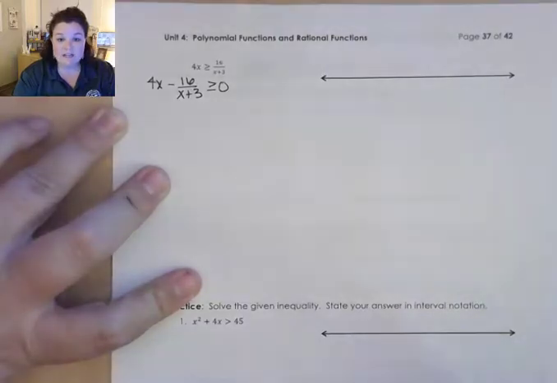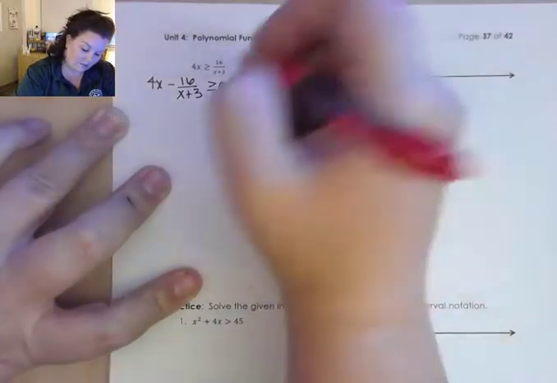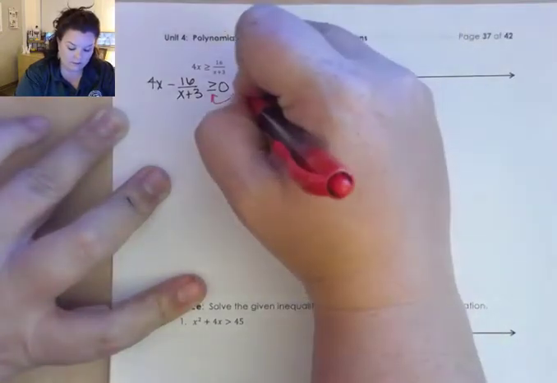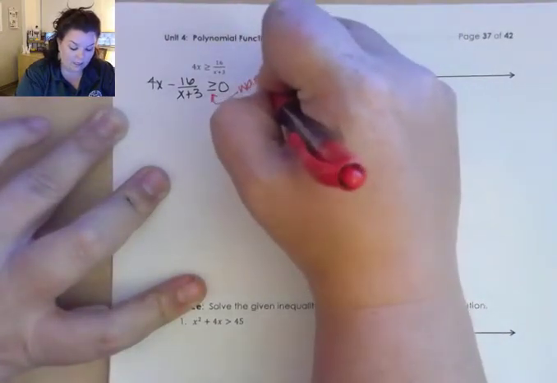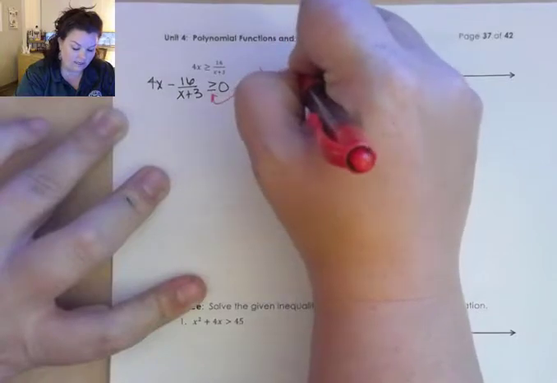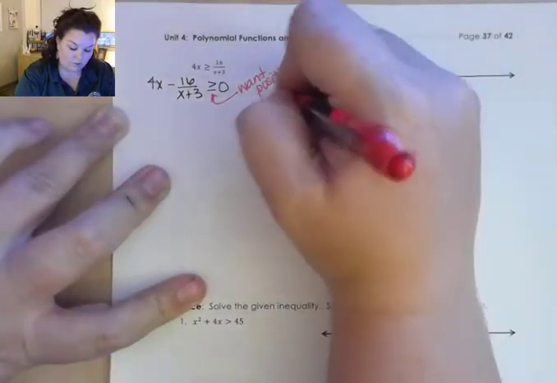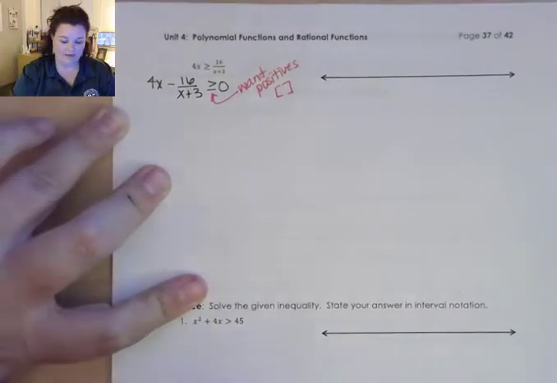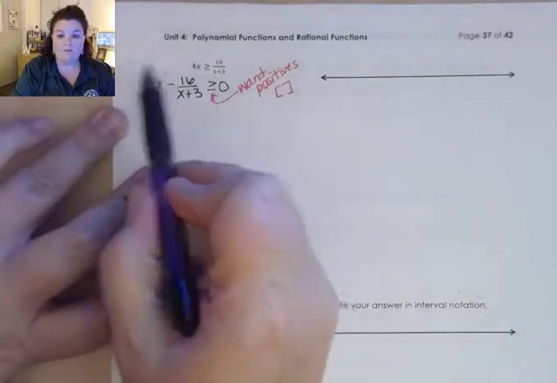So now I have everything on one side, so I can go ahead and look at this symbol. The symbol is a greater than or equal to. That means that I want positive intervals, right? And because it has the equal to bar, I'm going to use brackets. Okay. All right, now I can't start finding zeros of top and bottom and all that until I get this looking like one fraction.